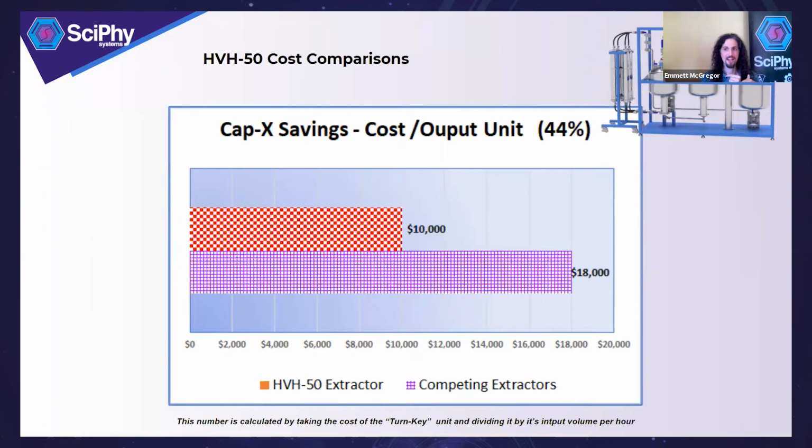Your costs are going up astronomically when you could have instead taken that same capex and probably gotten not 10 times one extractor worth of capacity, but maybe double that, maybe even more for that same amount of money.